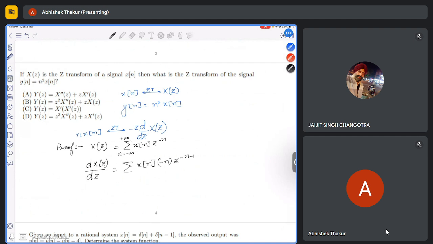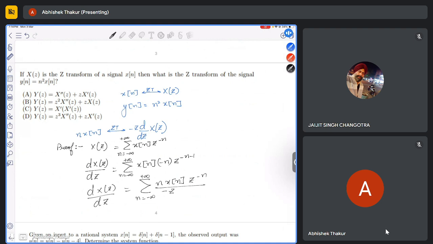So dX(z)/dz is equal to the summation over n of x[n] z to the power of minus n divided by z, and there will be a minus sign, so minus 1/z. We can write it like this. So this is our limit, let's not forget that.